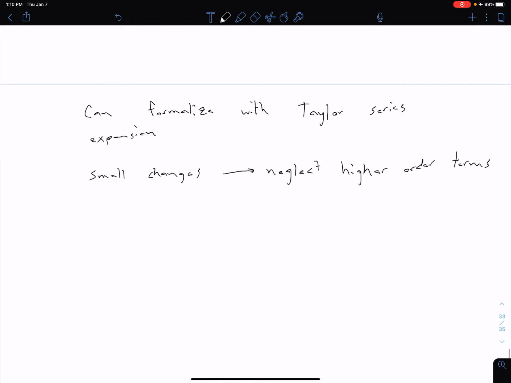What that ends up being is that our f of x, our approximated value, is approximately equal to f at that initial point, x naught, plus the derivative of f with respect to x, the slope at our initial point, at x equals x naught, times the difference, x minus x naught.